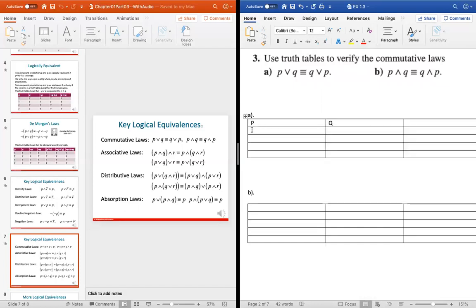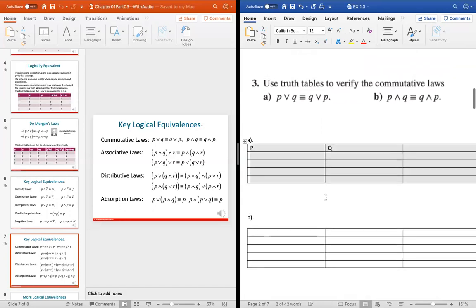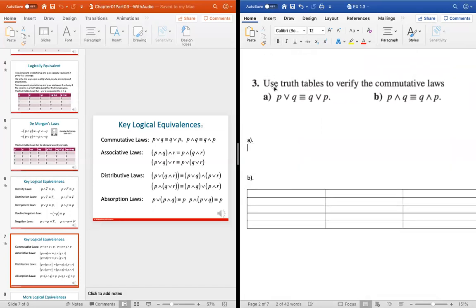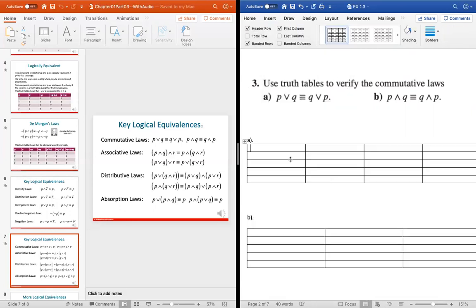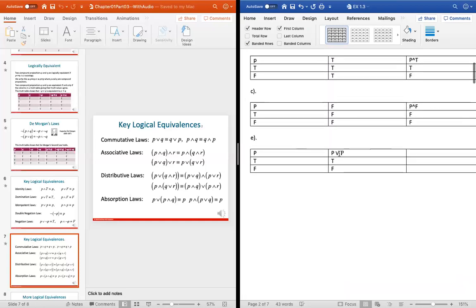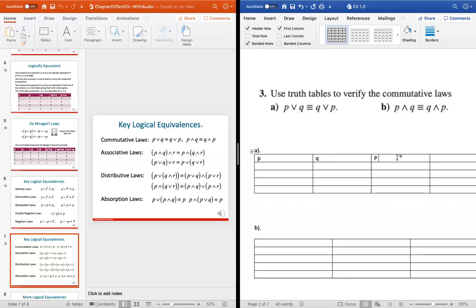Yeah, sorry, let me just get one more column table. Okay, so here we have P, Q, and then we have P or Q, take the symbol from here, and then we have Q or P.